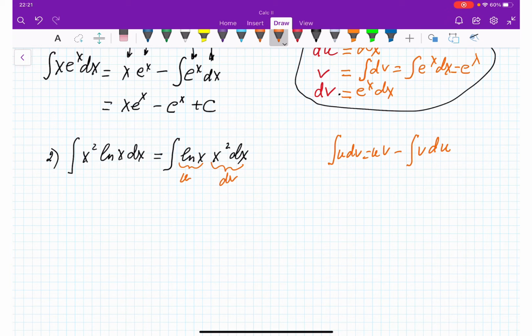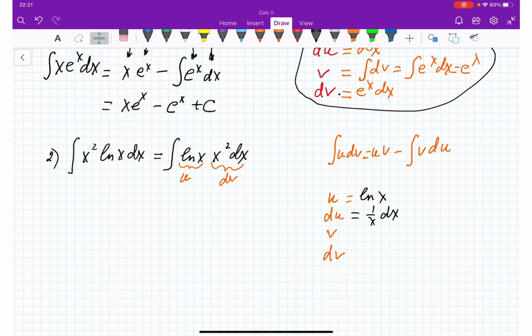All right, so logarithm x is our u. Let's write down u, du, v, dv. So if my u is logarithm x, du is gonna be 1 over x dx.